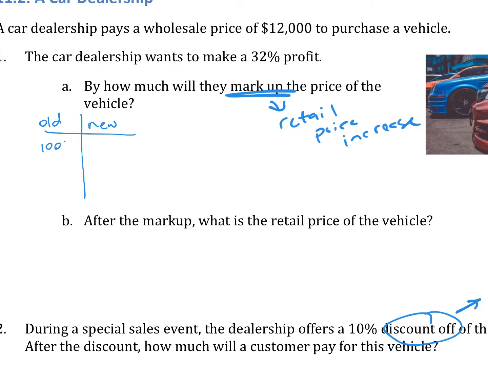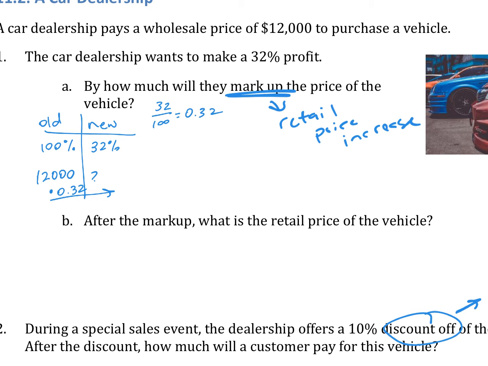Our old was the 100%, which was also the $12,000. The new is the 32%, and we don't know what that amount is. To figure out my constant of proportionality, I'm going to do 32 over 100, which is 0.32. So I know I'm going to be multiplying by 0.32.